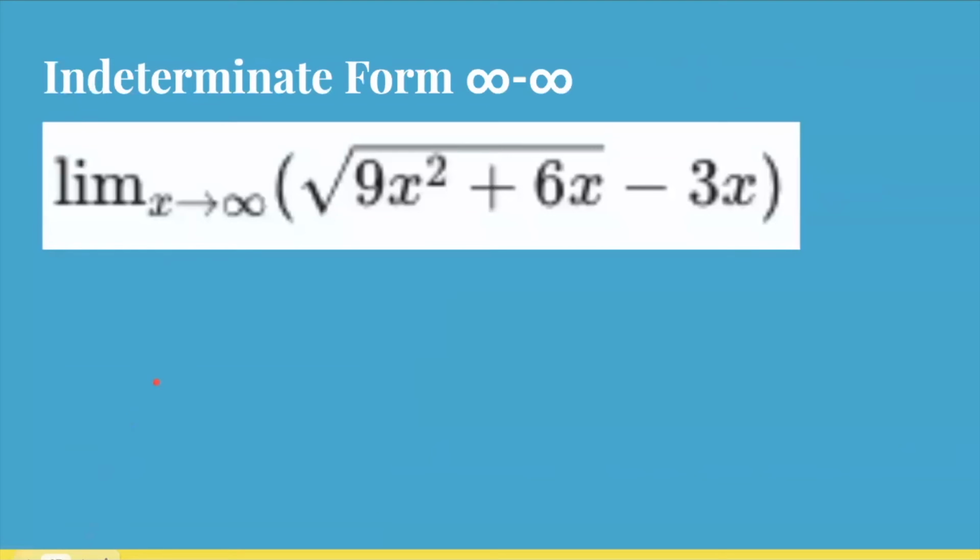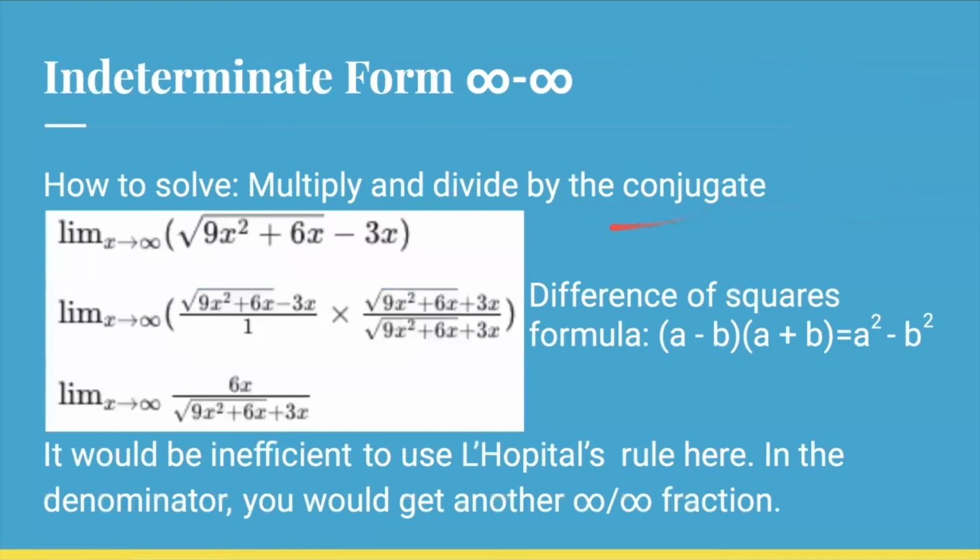In AP Calculus AB, when you see problems of the indeterminate form infinity minus infinity, they're usually of something like this. You'll have the square root of something and then minus something. The way you solve this is to multiply and divide by the conjugate.